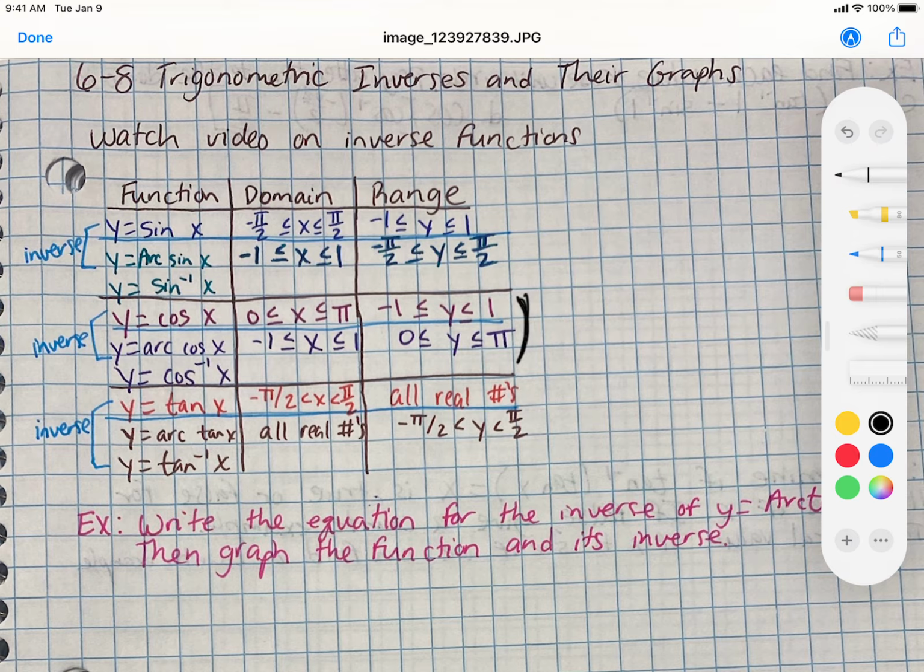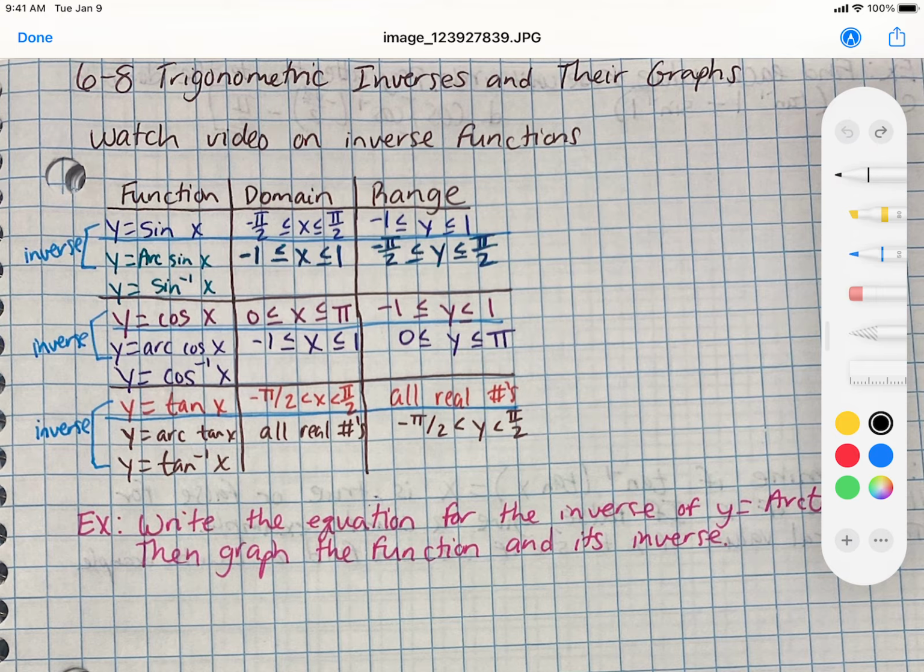And then for the inverse, our x's are from negative 1 to positive 1, and our y's are from 0 to pi. So for the sine and cosine, for their inverses, we are flipping them vertically, pretty much twisting those 90 degrees.